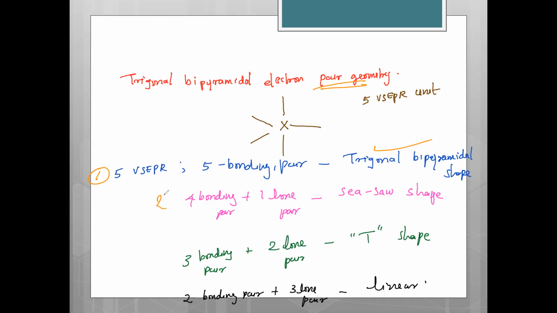The second shape is when you have 4 bonding pairs along with 1 lone pair, the seesaw shape. The third, 3 bonding pairs with 2 lone pairs, is the T shape. Finally, the fourth, 2 bonding pairs with 3 lone pairs, is the linear shape. We will speak about these one by one.